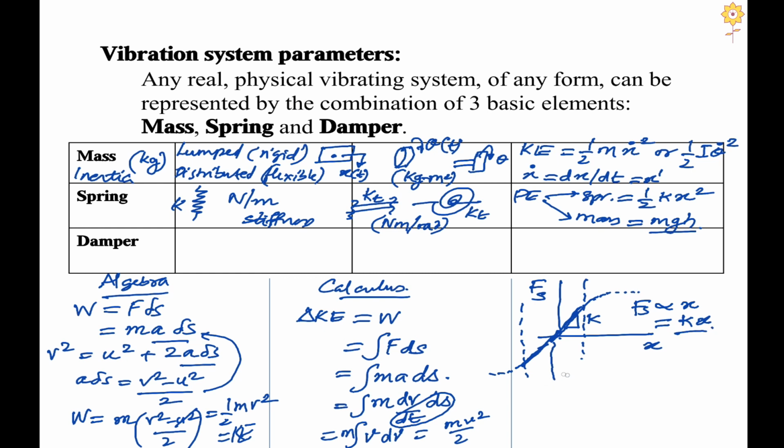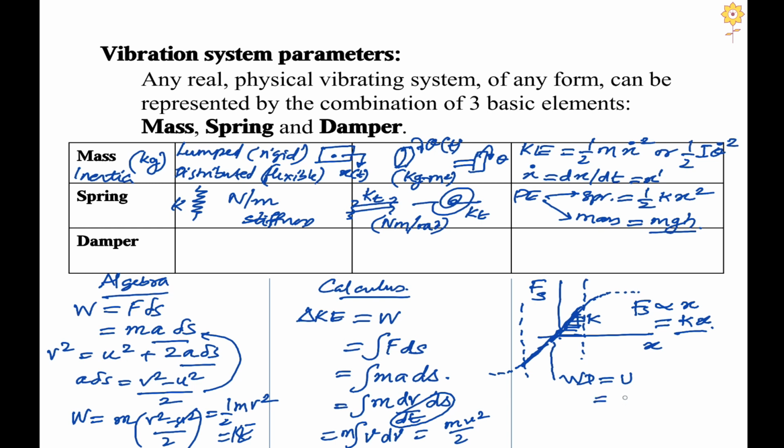Now I have the work done during the deformation, which is nothing but the internal strain energy, given by the area under the straight line, which is nothing but the area of the triangle.